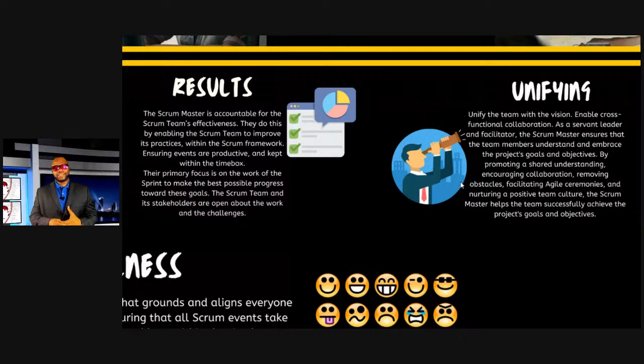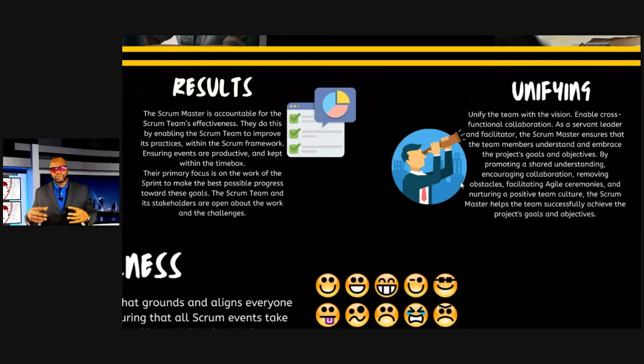So agile police, scrum police, I substituted ceremonies with events because I know you're on my tail for that one. By promoting a shared understanding, encouraging collaboration, removing obstacles, facilitating agile events, and nurturing a positive team culture, the Scrum Master helps the team successfully achieve the project's goals and objectives.